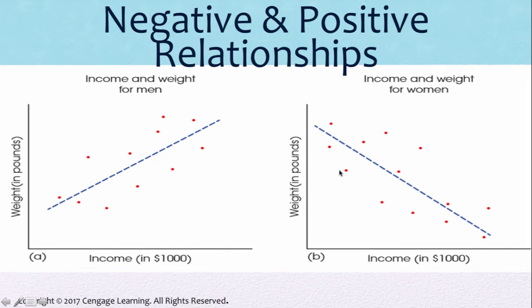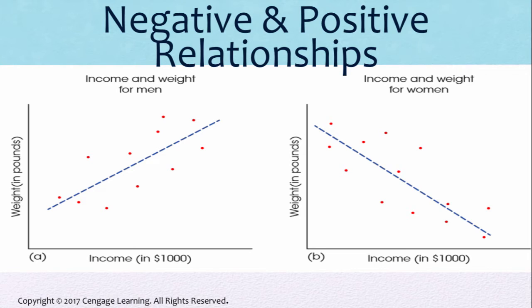However, for women, as income increases, weight decreases. And so for men, there's a positive relationship between income and weight. For women, there is a negative relationship between income and weight. Now, important to note is that this dotted blue line, we can call this the line of best fit, right?